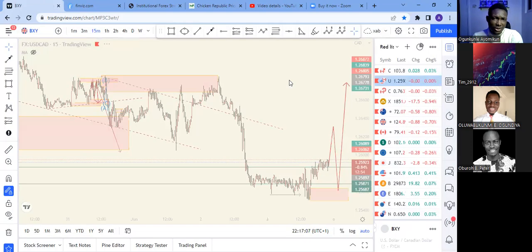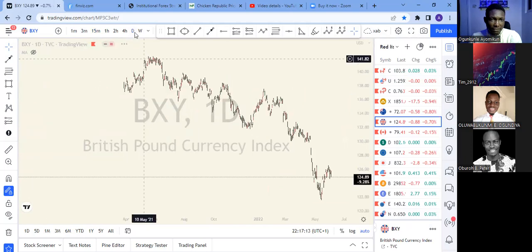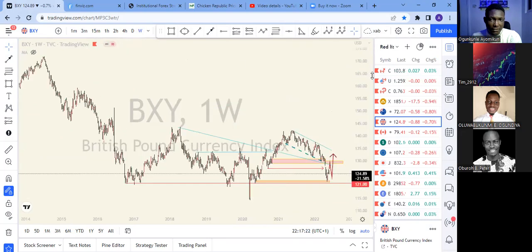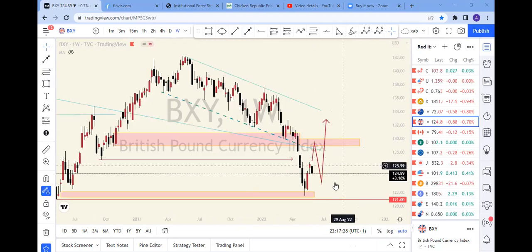Let me take a look at DXY again. All right, so like I said on DXY, we might see price retest lower.